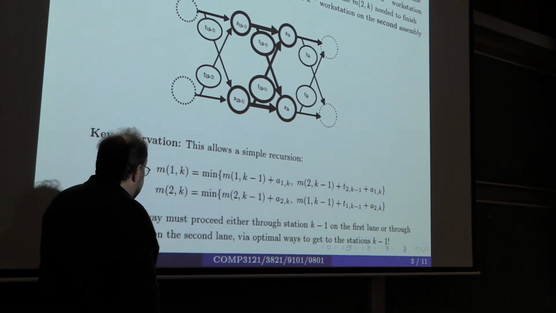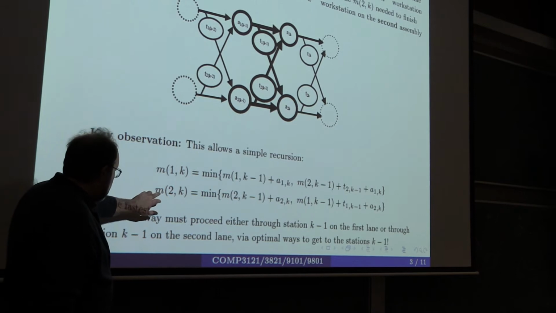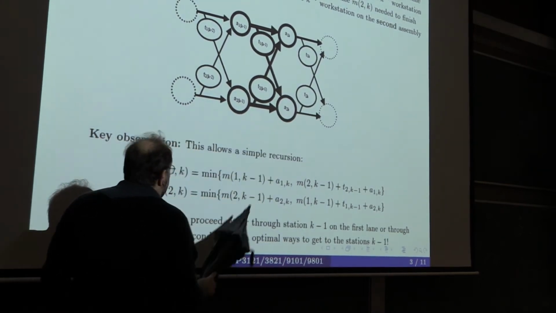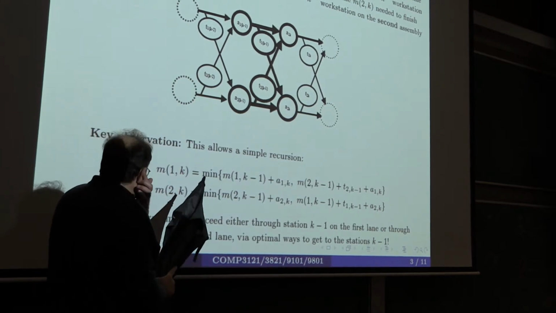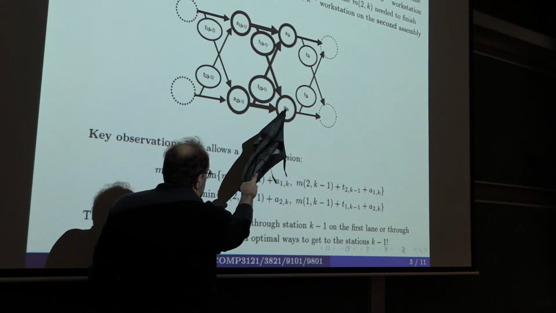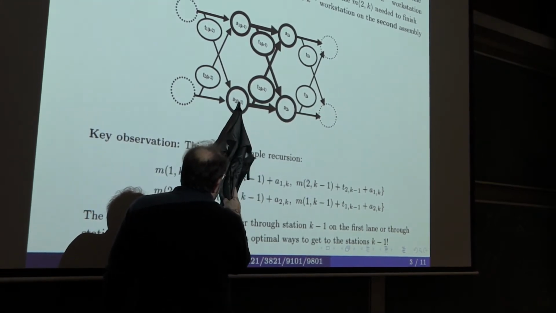And then we have the same equation for the optimal way to finish the kth task here, which is simply the optimal way to finish the (k-1)th task here, plus the time to finish the kth task here.